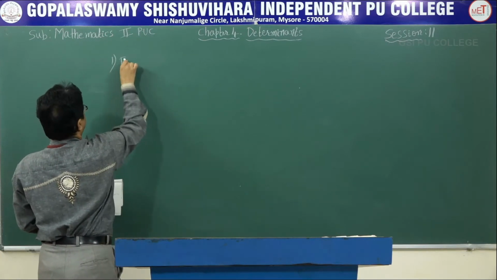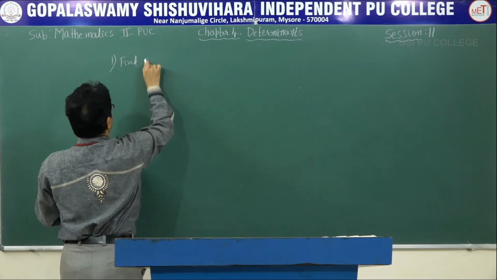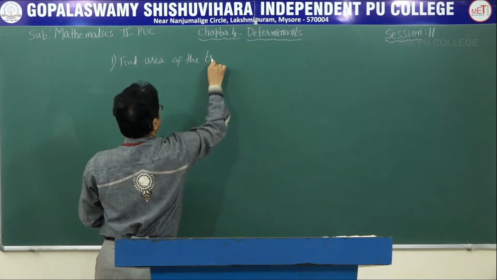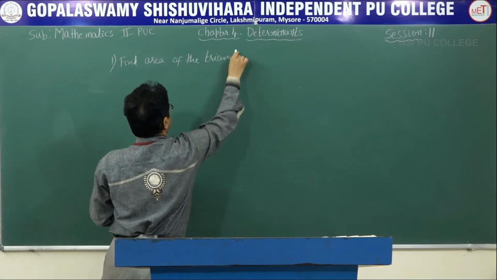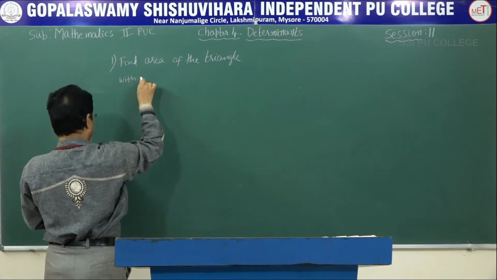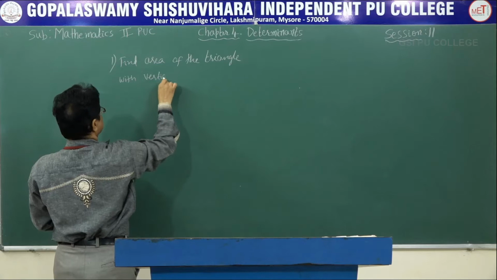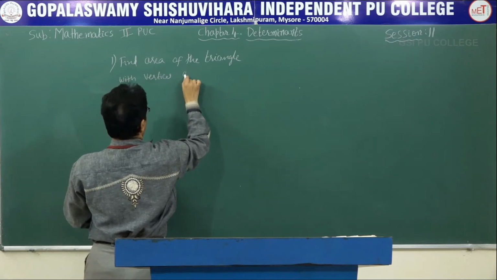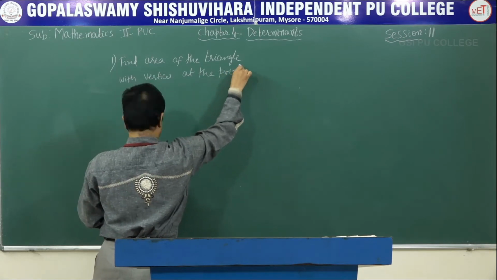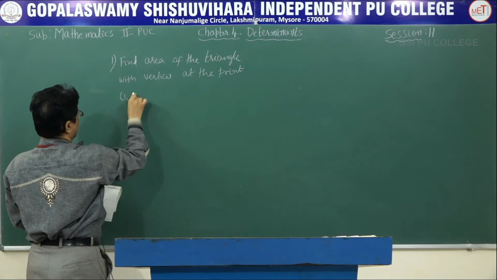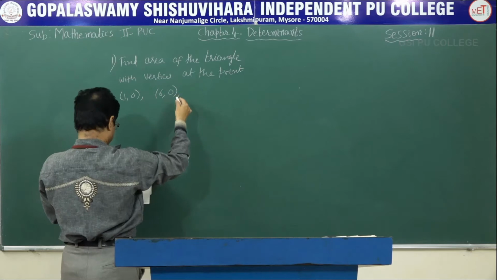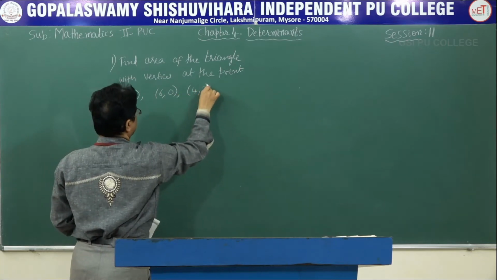Problem number 1. Find the area of the triangle with vertices at the points (1, 0), (6, 0), (4, 3).